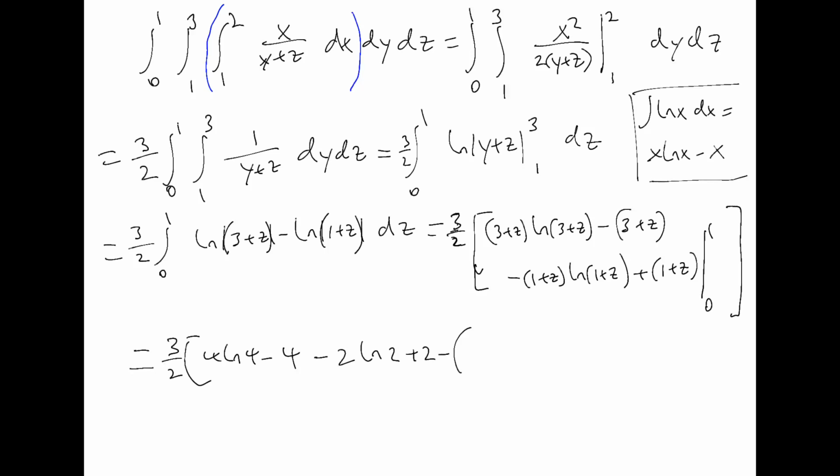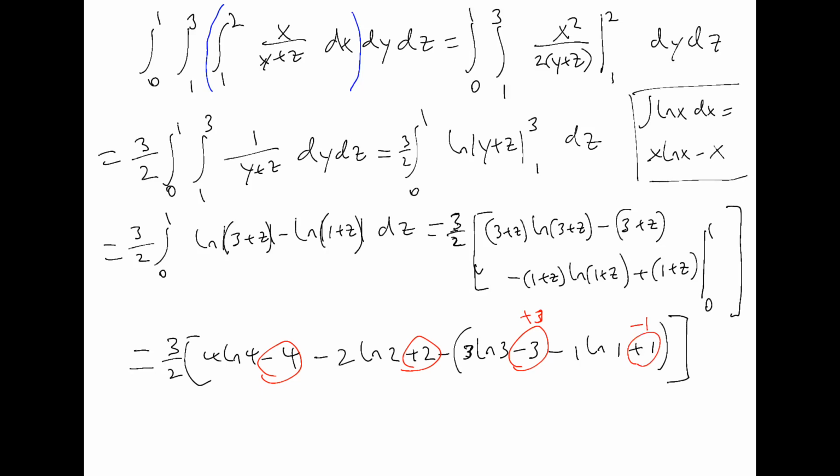And then I have to subtract plugging in 0. And if I plug in 0, I get 3 for z. I get 3 log 3 minus 3 minus 1 log 1 plus 1. Okay, so let's think for a second. We've got a minus 4, we've got a plus 2, we've got a plus 3 because it's minus minus 3, and we've got a minus 1.